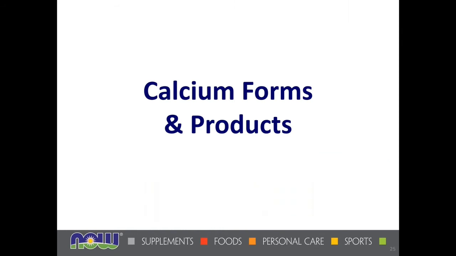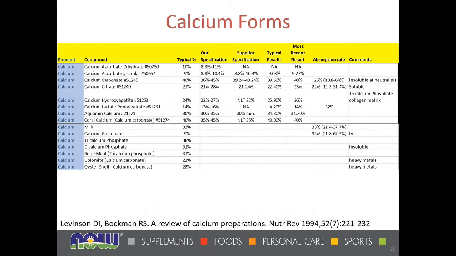So let's look at some of the calcium forms. And here's one of those charts I was promising you. For example, you'll often see calcium carbonate in supplements because the percentage of calcium in calcium carbonate is about 40%. If you take a different form, for example, calcium ascorbate is about 9 or 10% elemental calcium, as it's described.